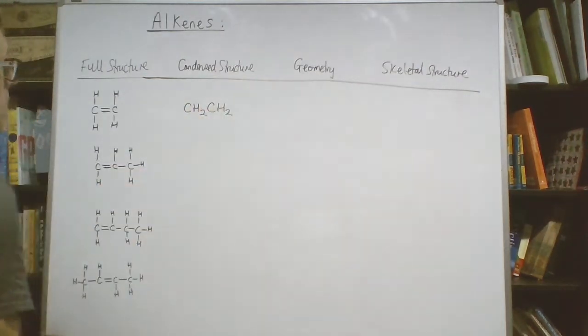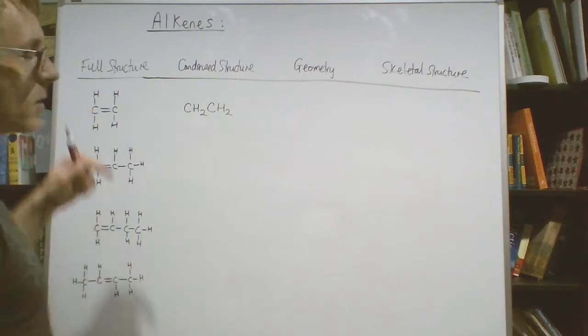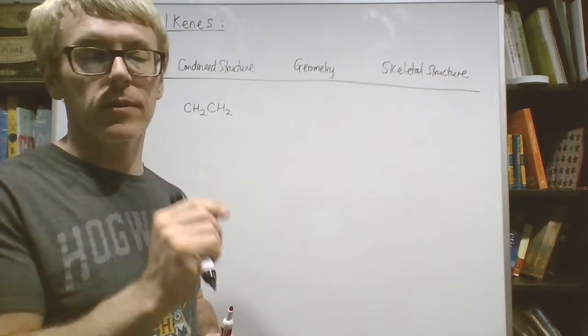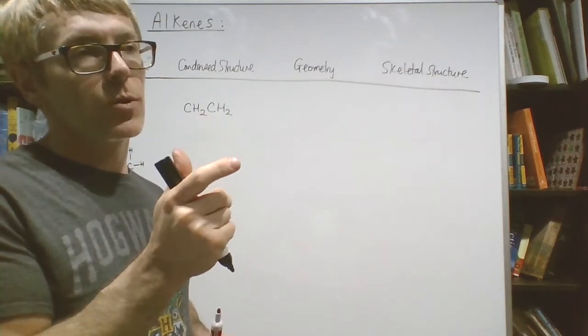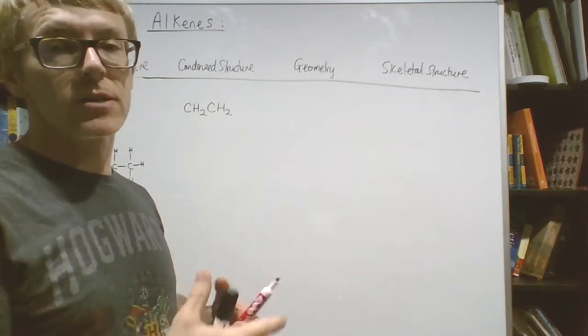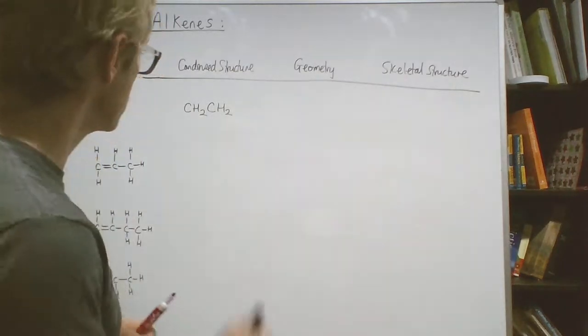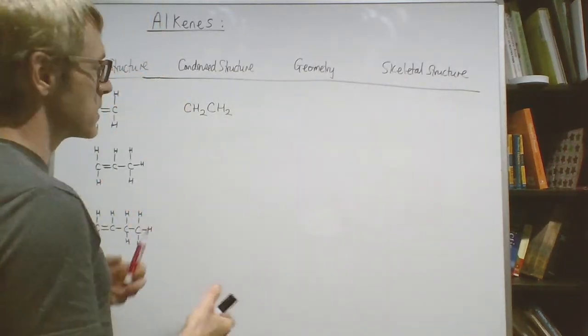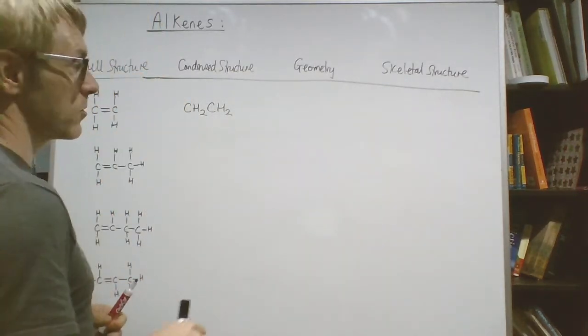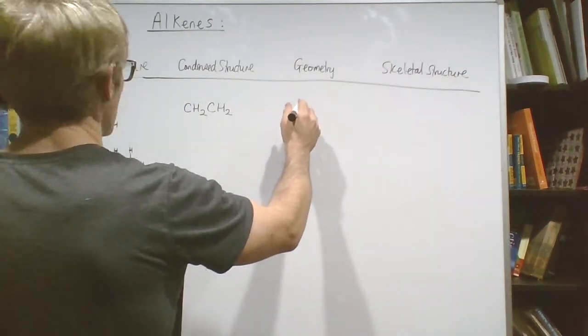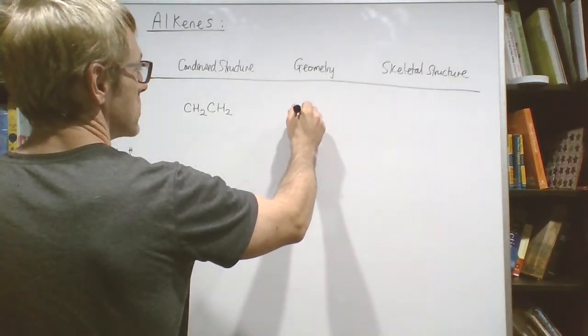The geometry of this, so what would it look like really? Well, double bonds can't twist. They're rigid structures for reasons that would go beyond this level to explain. But essentially, the pi bonding won't allow them to twist. So we'd have to draw them pretty rigid.